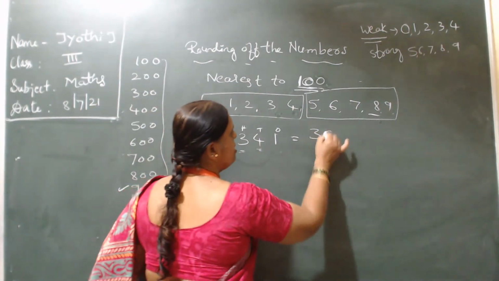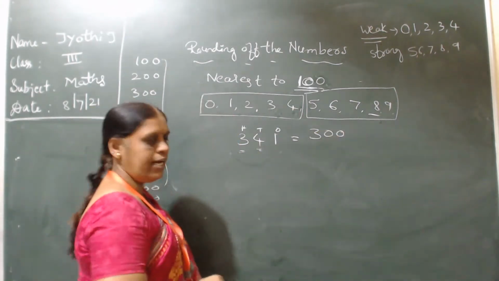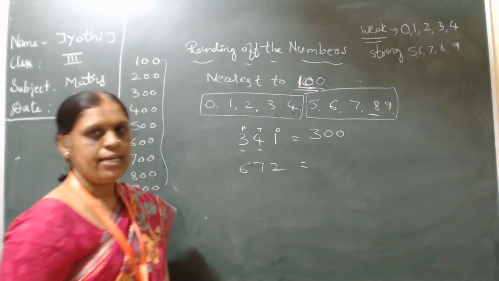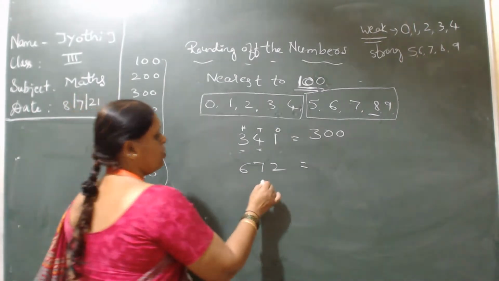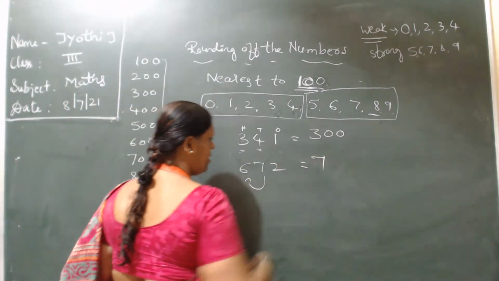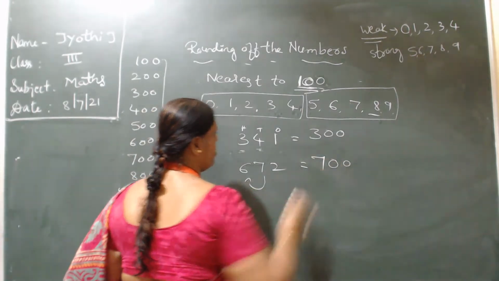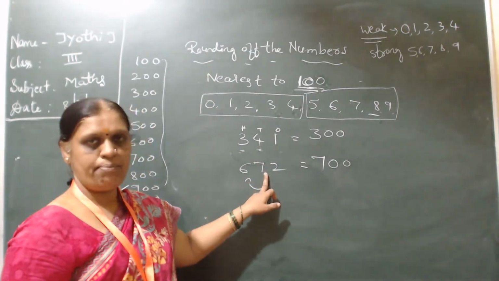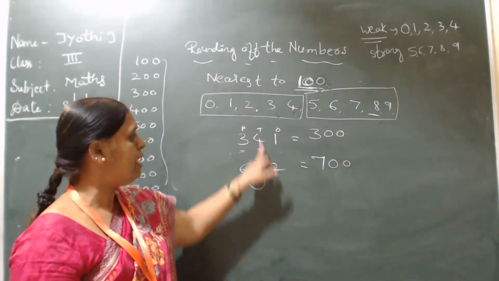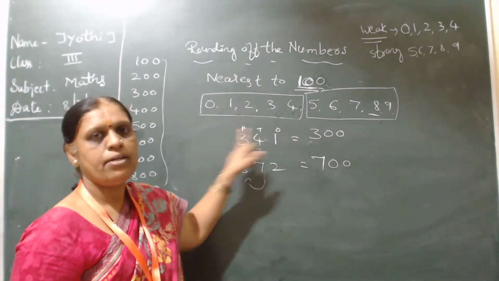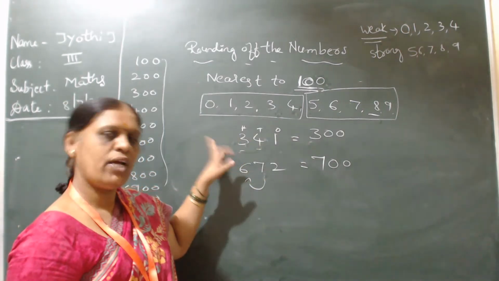It remains 300. Suppose the number is 672. This number pushes to the next number and will become 700. So if it is more, we go to the next number. If it is less, we remain at the same tens or hundred.